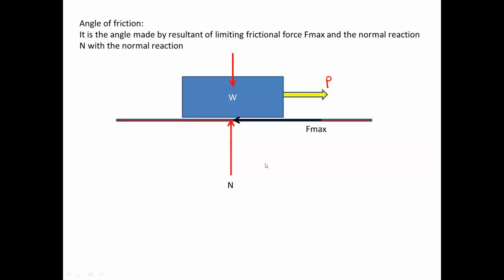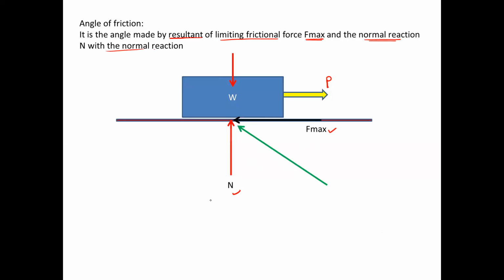So what is the meaning of angle of friction? It is the angle made by the resultant of the limiting frictional force, that is the F max, and the normal reaction with the normal reaction. So we have to find out the resultant of these two forces, F max and the normal reaction.